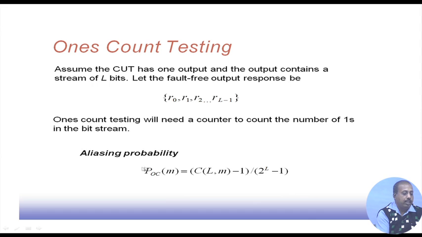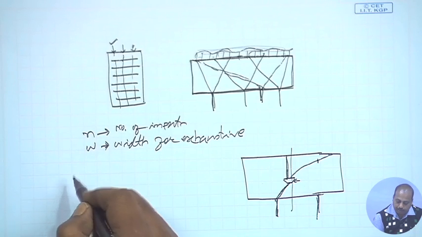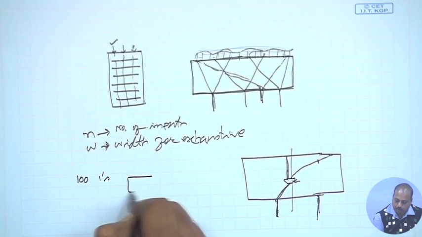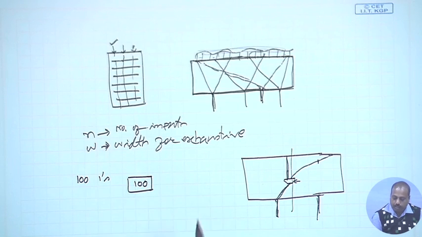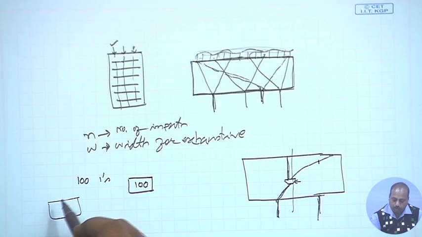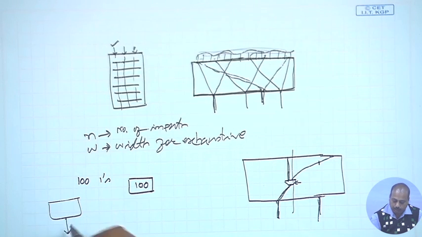Now, you see the possibility of aliasing probability. Aliasing is the situation where, suppose in the fault free case there are 100 ones, so my golden value is 100. Now, it may so happen that in the circuit we are operating, due to some fault F1, the ones count is reduced by 1, so it tries to make it 99.